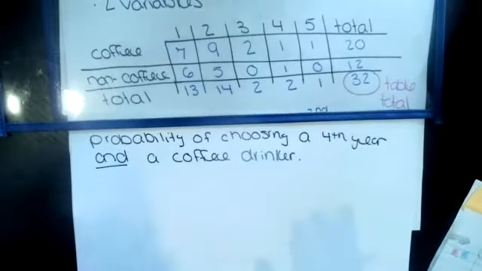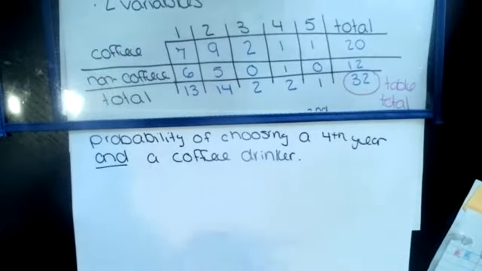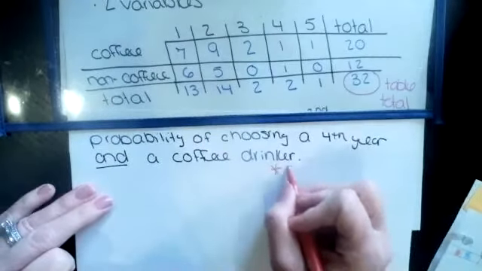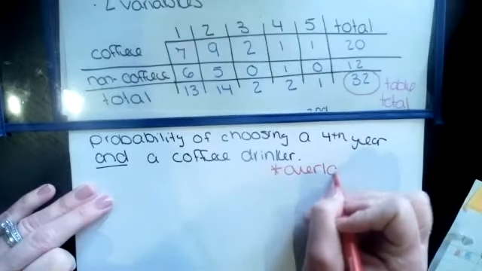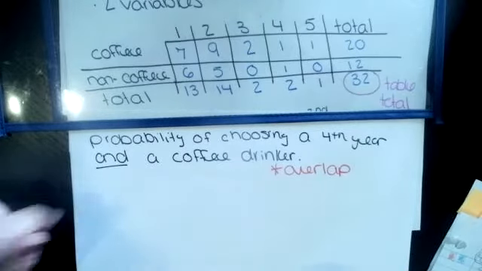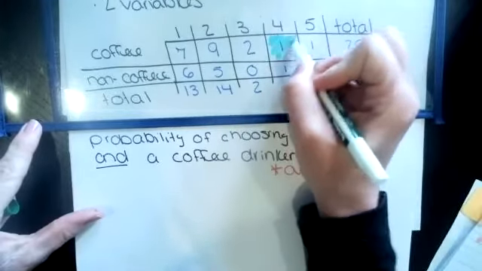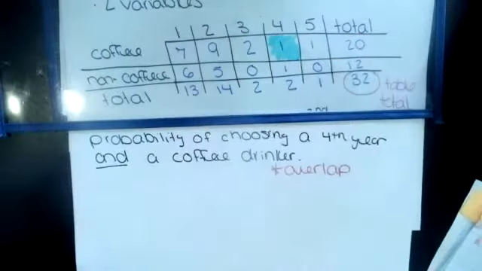We're looking at the overlap is what we want to call this. Okay. So we want to look at people that fit in both categories. So we're looking at fourth year students that drink coffee, it's just this one square, right? It's like the intersection of the two, just the one.